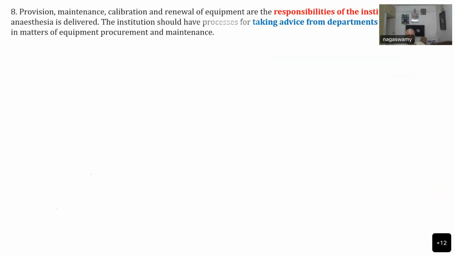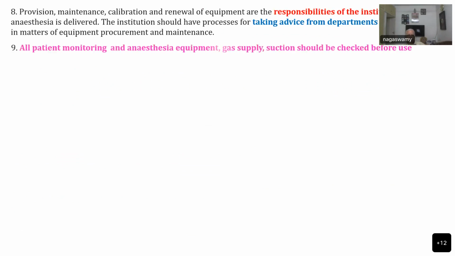And the provision, maintenance, calibration, and renewal of equipment are the responsibilities of the institution in which anesthesia is delivered. And the institution should have a process for taking advice from departments of anesthesia in matters of procurement and maintenance of any anesthetic equipment. All patient monitoring and anesthesia equipment, gas supply, and suction should be checked before you start the case or start giving anesthesia.